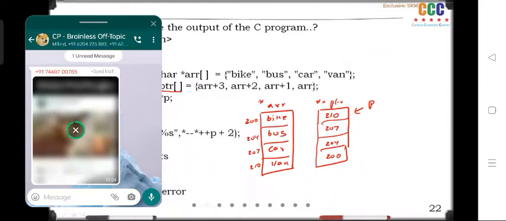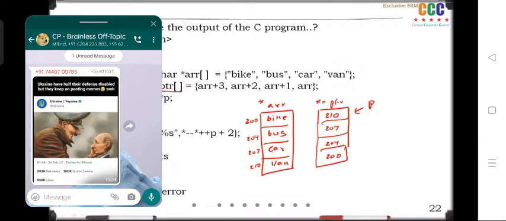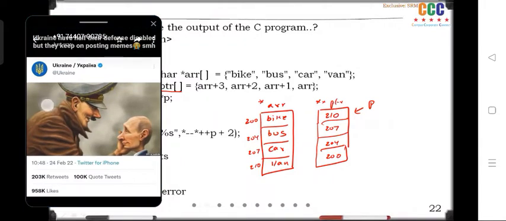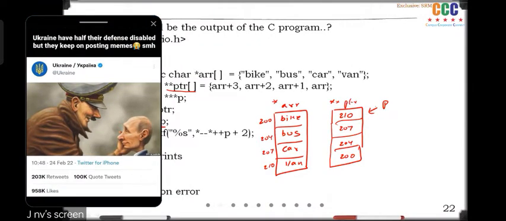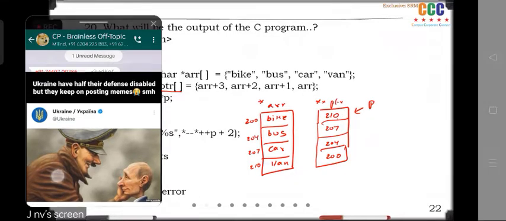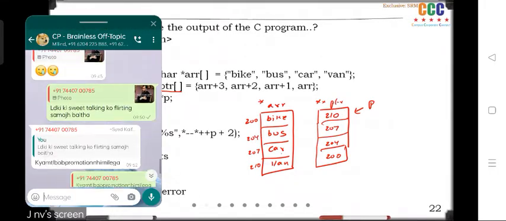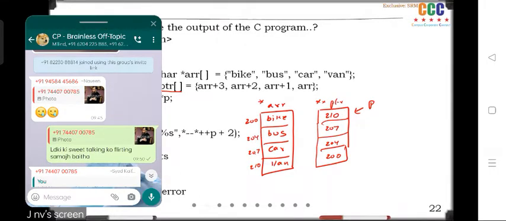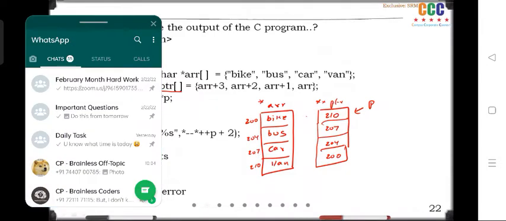Okay, 207 is what? Car. Plus P, value at P is 207. Value at P is what? 207, car. Okay, let me give the values here.